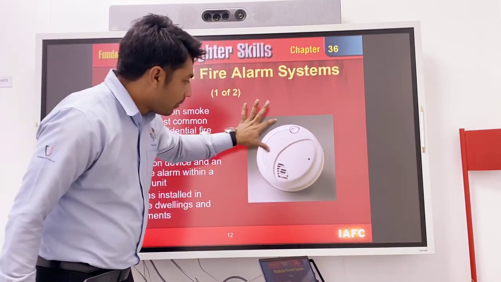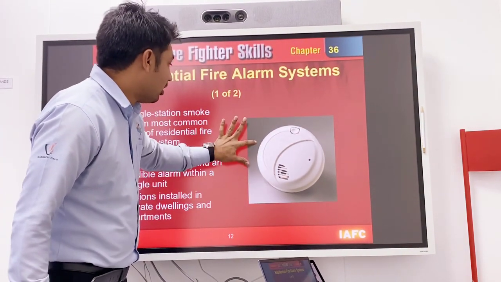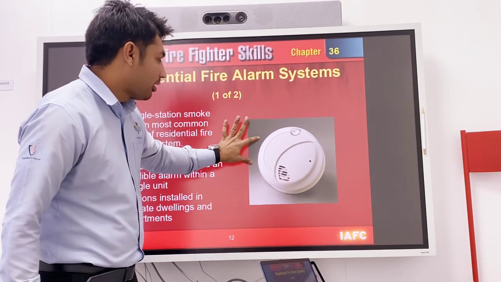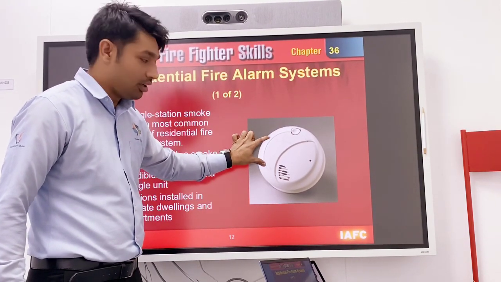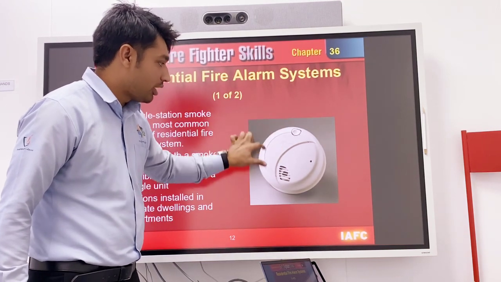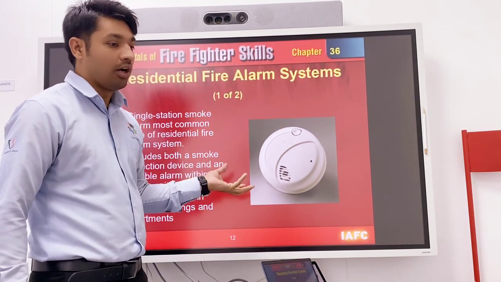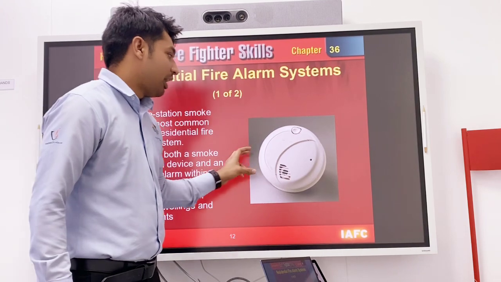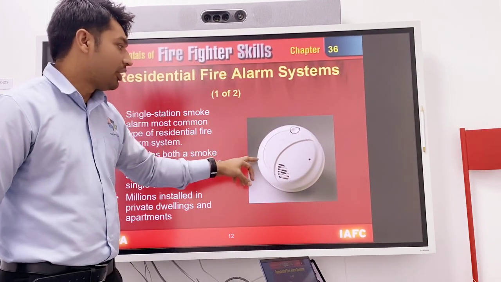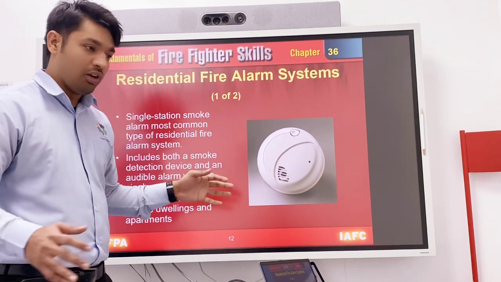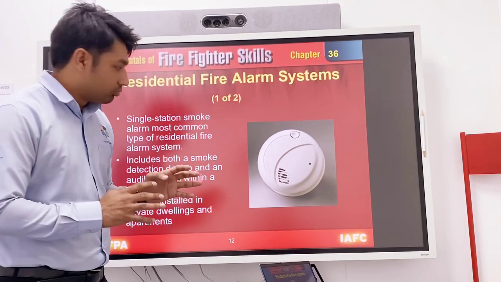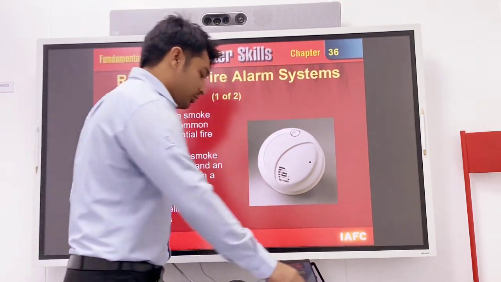This sort of smoke detector is an individual smoke detector with a battery. We install it in a room with no panel system, with just one battery, and it detects heat. If there is any sort of smoke, it activates individually and you have to silence it with this button.